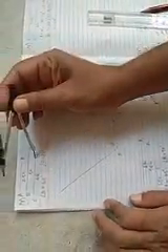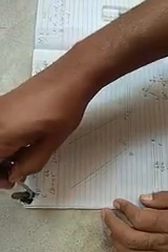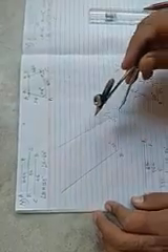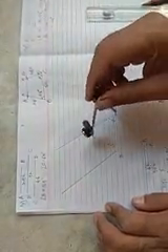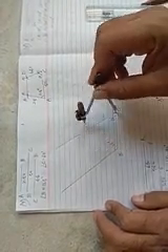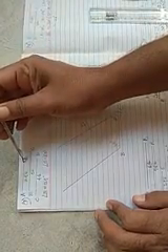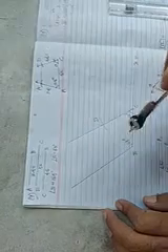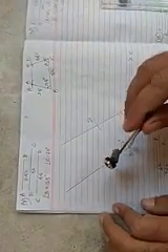Now with the measurement of CD as radius, taking C as a center, draw this arc. So this is the point D. And with the measurement of BA, 3.5 centimeter as radius, taking B as a center, draw this arc.